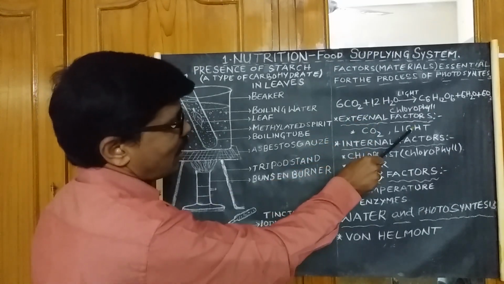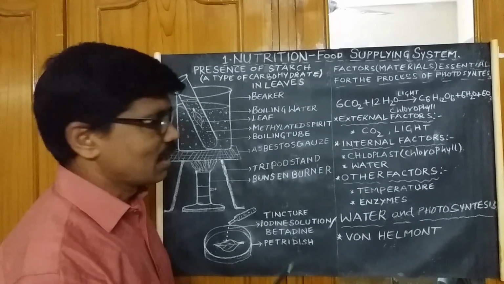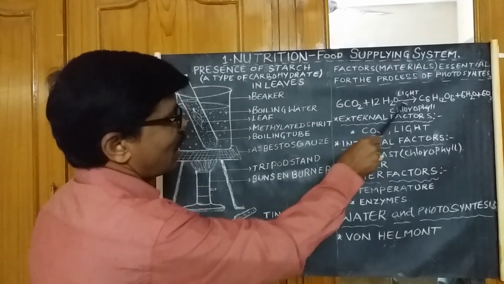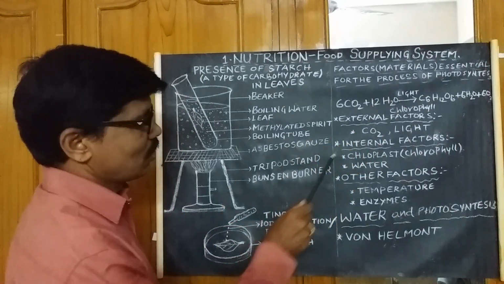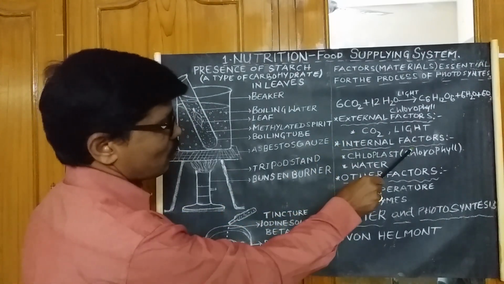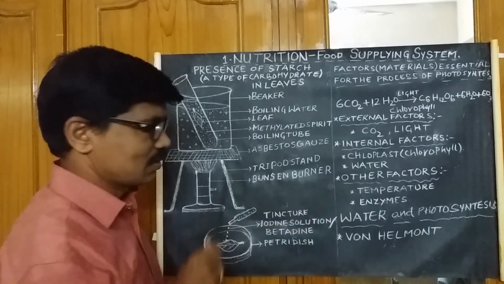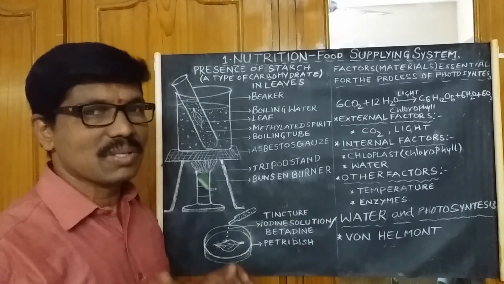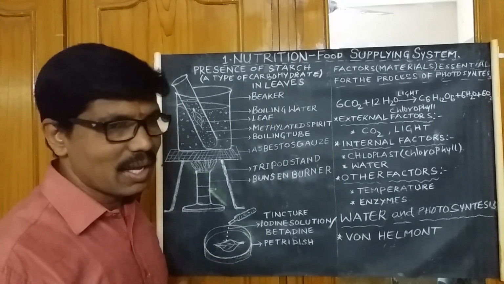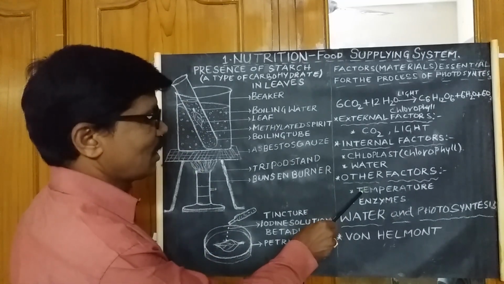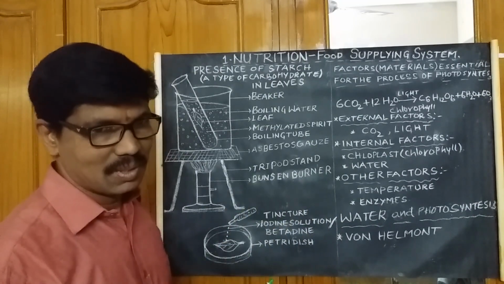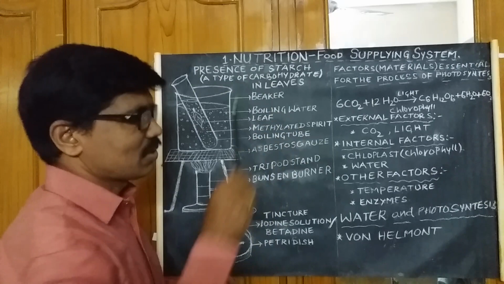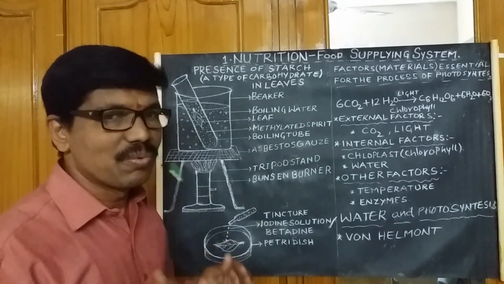Internal factors are chloroplast or chlorophyll, and water. Other factors are also required for the process of photosynthesis. They are temperature and enzymes. These are important factors for the process of photosynthesis.